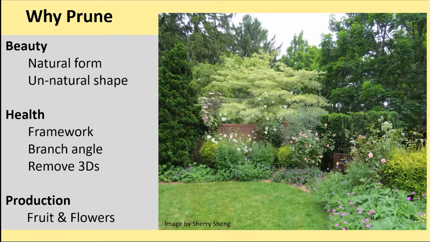The structure in the strong framework and the branch angle in the tree, and often larger shrubs, are quite important to the health and longevity of the plant. And finally, pruning could be used as a tool for us to get more flowers, bigger flowers, and the same with the fruits.